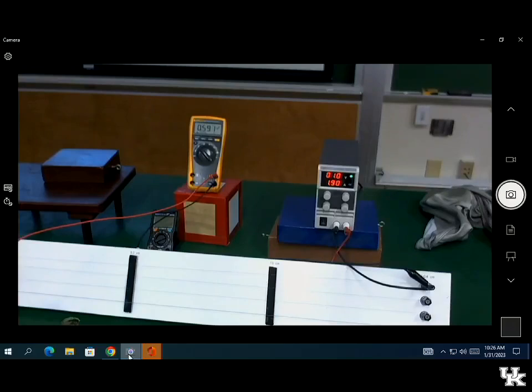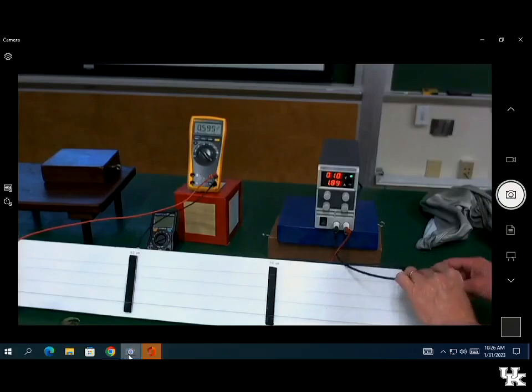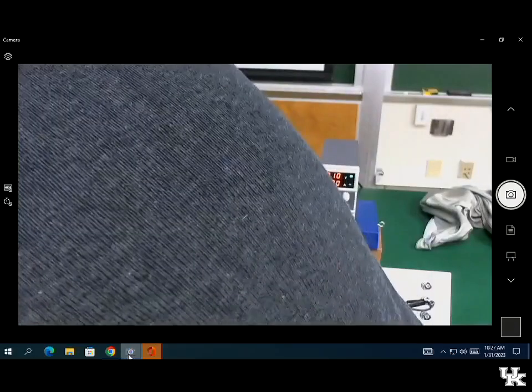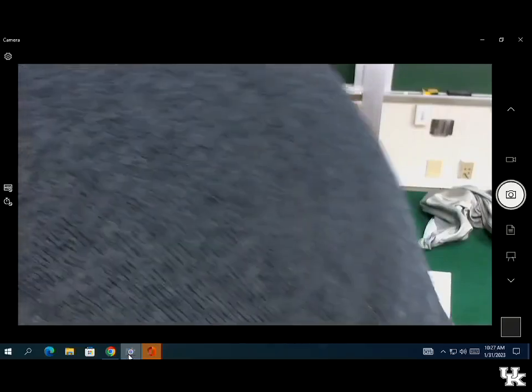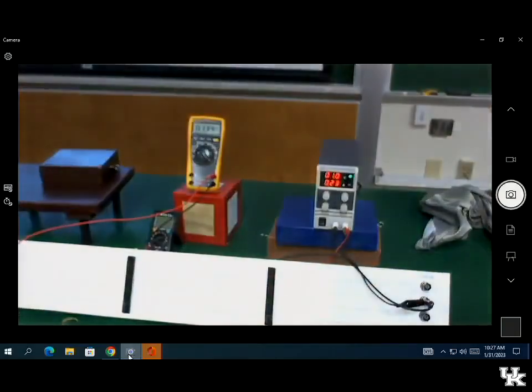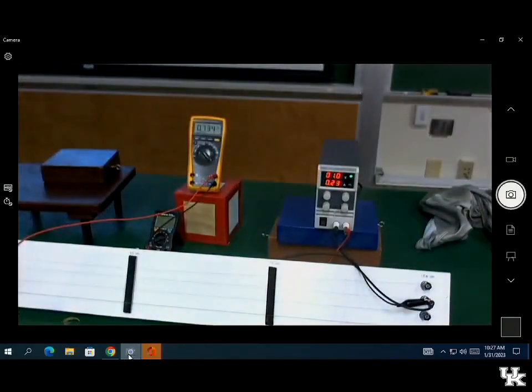I've got different wires on this demonstration here. So this is actually a copper wire. And the one below it is the same diameter, but it's a steel wire. If I was to move the connections to the other wire, now we see a different value for the resistance here.